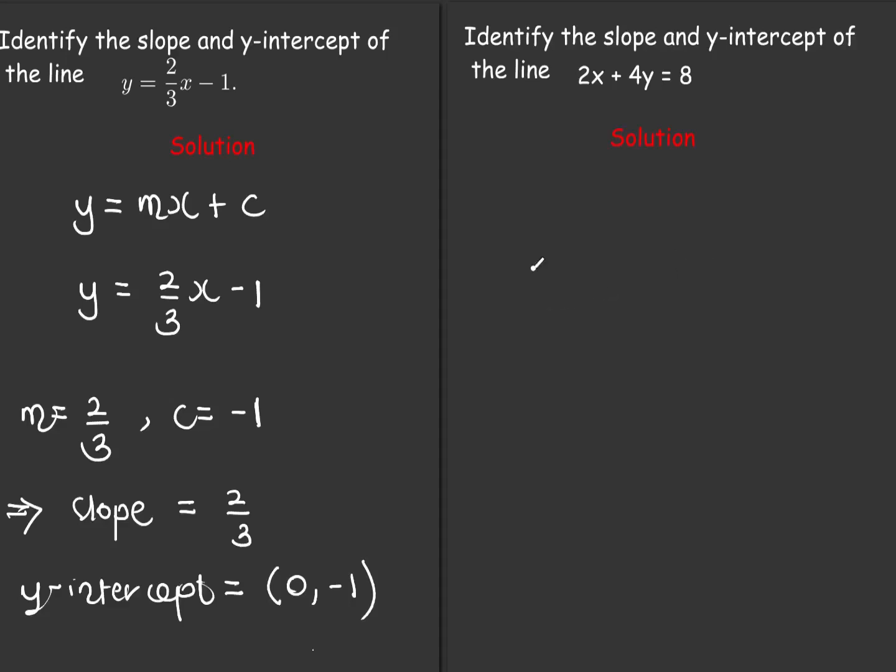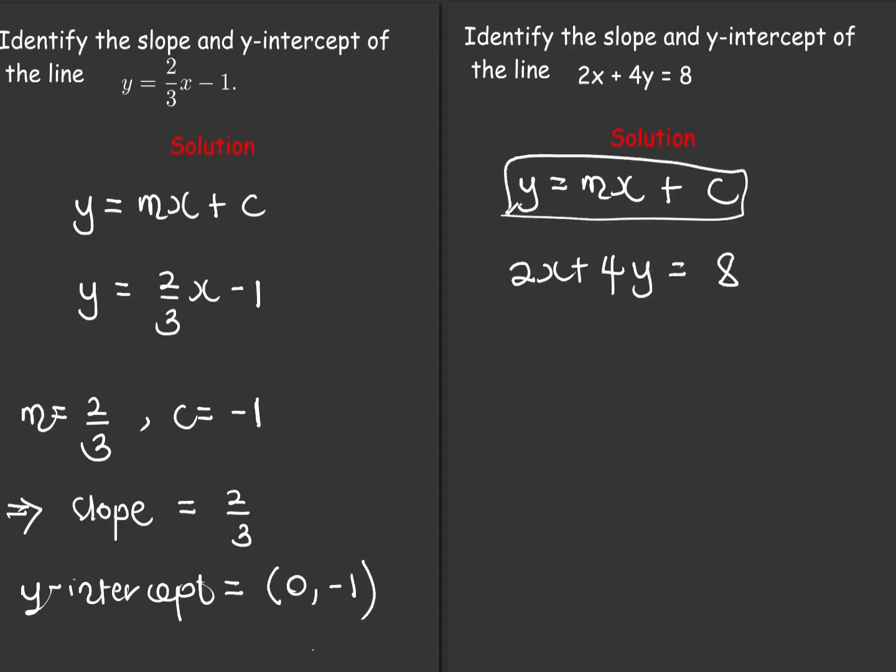Remember, as I've said, the slope-intercept form is written as y equals mx plus c. Taking note of this, you realize that the coefficient of y is 1. So if you are given this equation, we have to write it in this form.